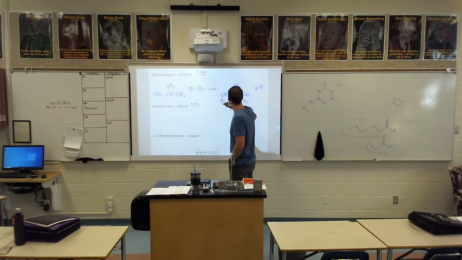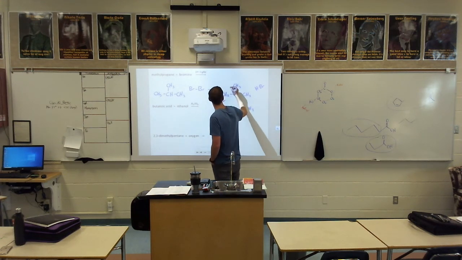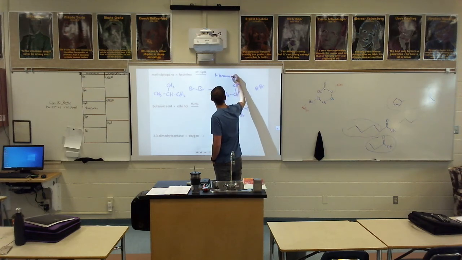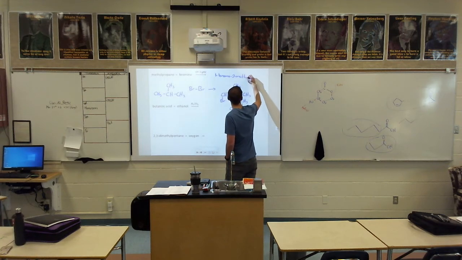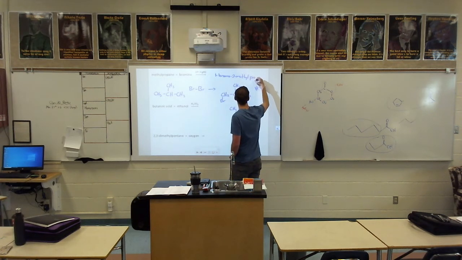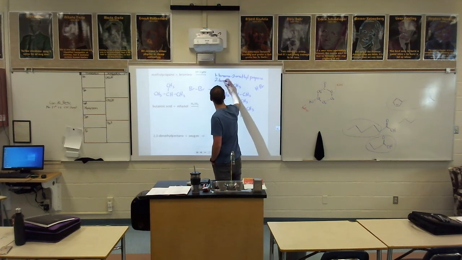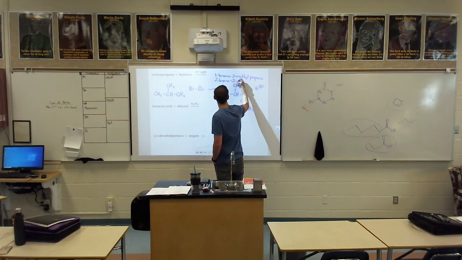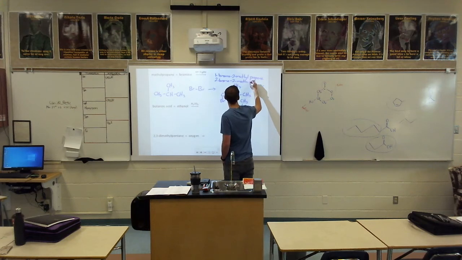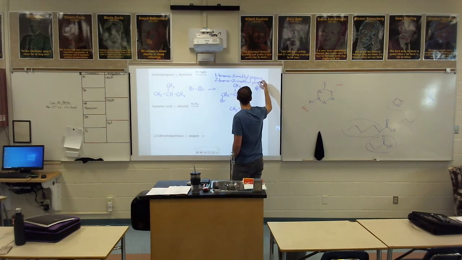So what I end up with is 1-bromo-2-methylpropane, 2-bromo-2-methylpropane, and then I have hydrogen bromide. Sorry, I know this is a mess.